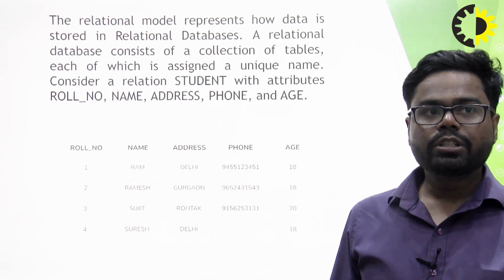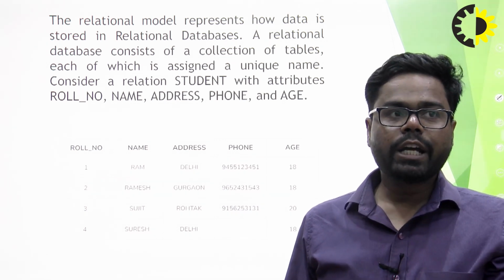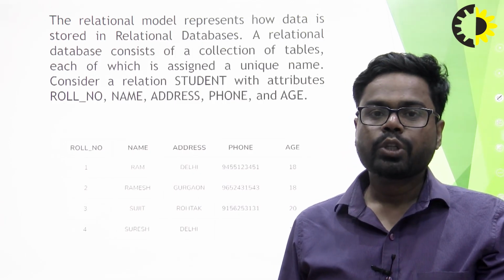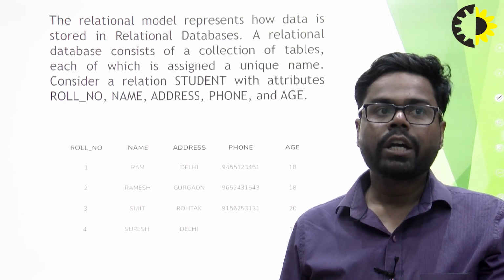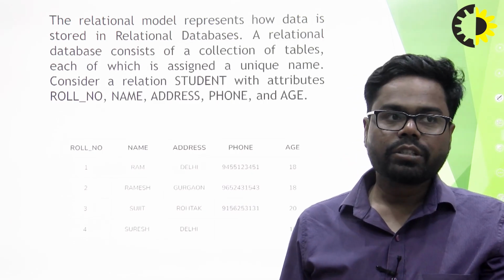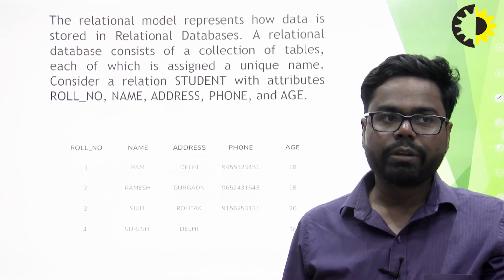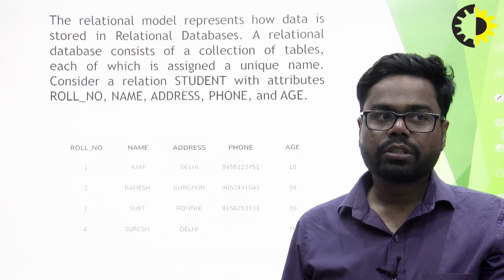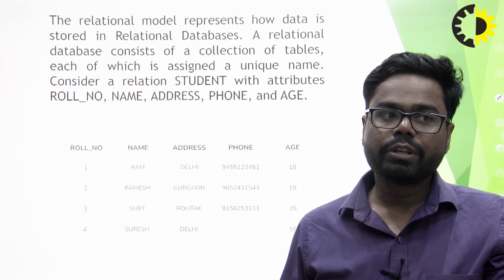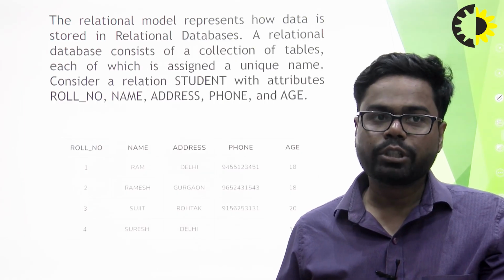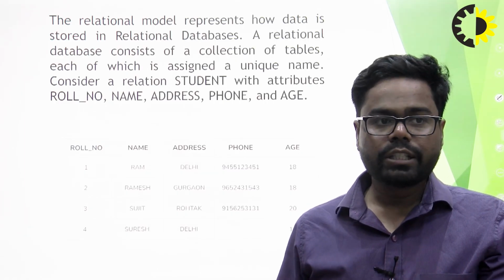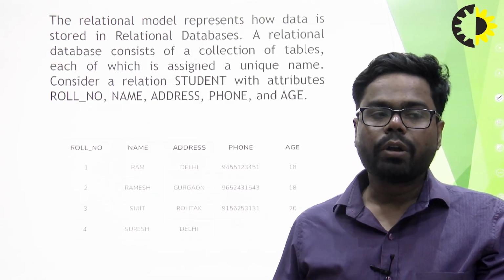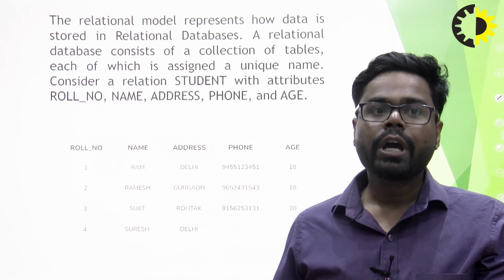Next, a relational model represents how data is stored in relational databases. A relational database consists of a collection of tables, each of which is assigned a unique name. Consider an example: a relation of students with attributes roll number, name, address, phone number and age.